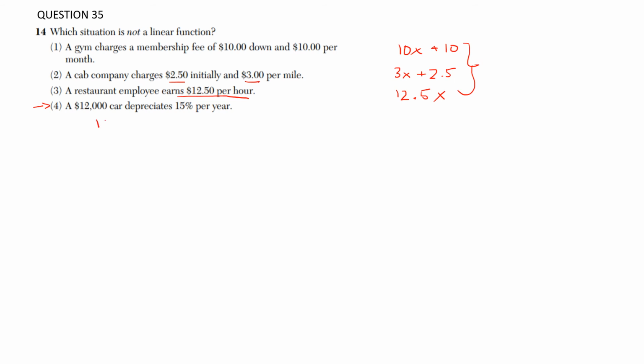So if initially it's 12k, 12k times 0.85, by the first year it would become 10.2k, then it would be 8.67k, and this isn't a linear relationship. The difference between these values isn't constant. It's an exponential decrease. Therefore, 4 is our answer.